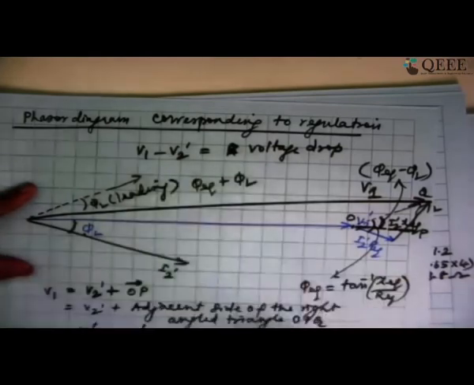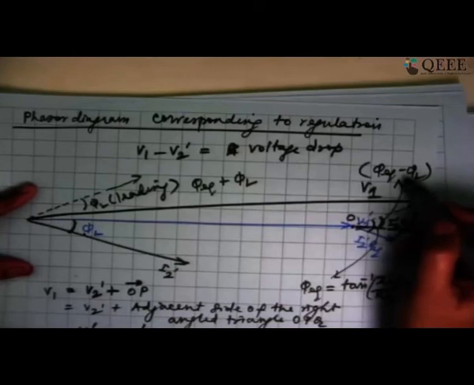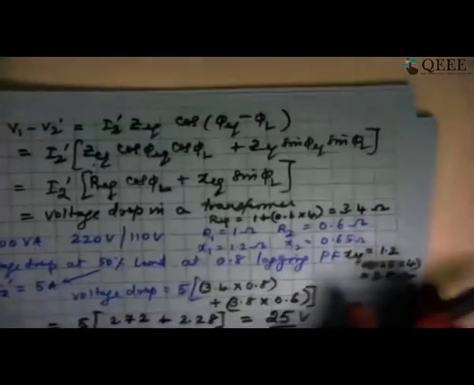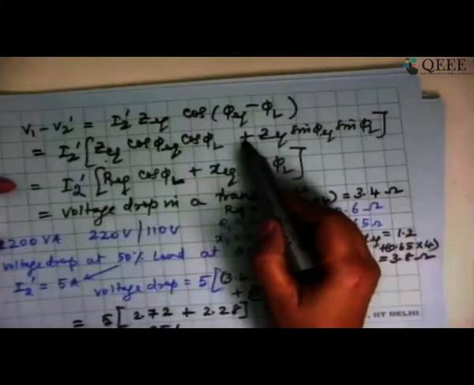In that case, this angle would have become phi equivalent plus phi L. So the sign of this angle changes between plus and minus if I am having a lagging power factor load or leading power factor load. Because of which I am going to have this sign also. It can be plus or minus.